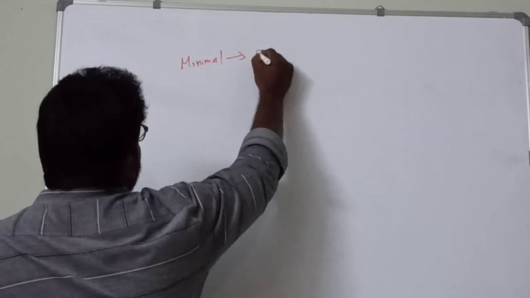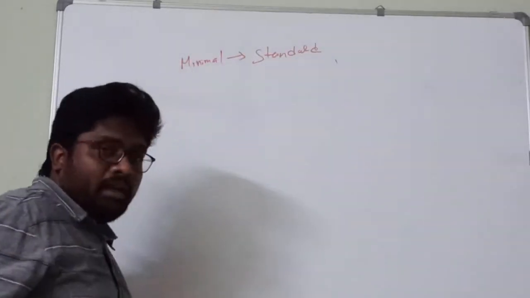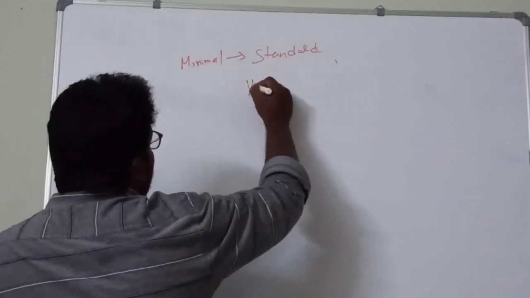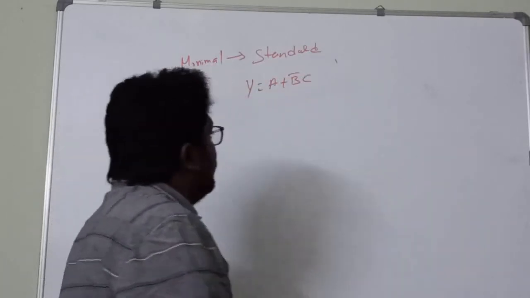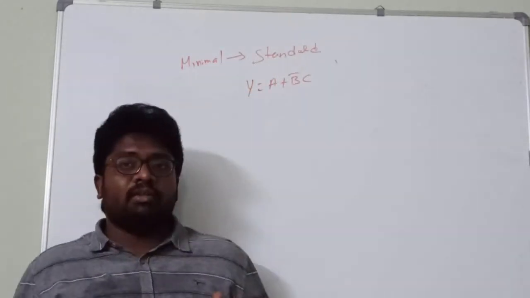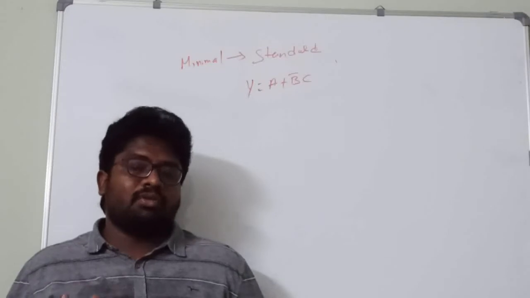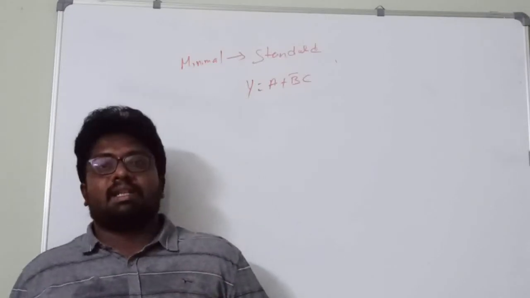minimal to standard, right? So if I am given the expression y is equals to A plus B complement C. So before getting into the example, let us discuss the few steps of how to convert this minimal to the standard form.